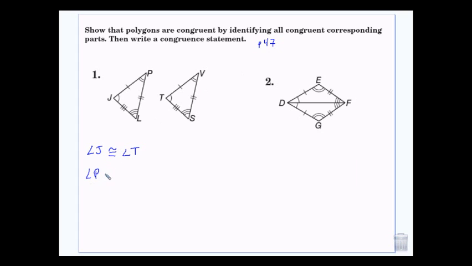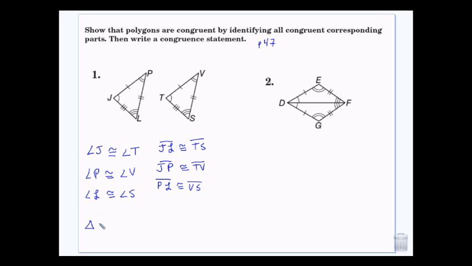Angle P is congruent to angle V. And angle L is congruent to angle S. JL is congruent to TS because they have the same number of hash marks. JP is congruent to TV. And PL is congruent to VS.